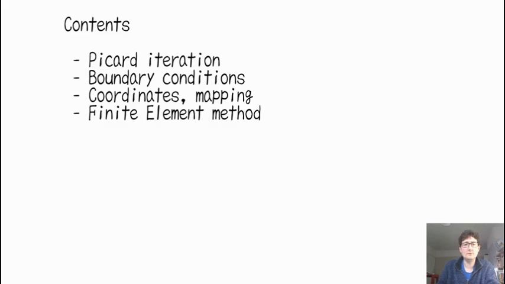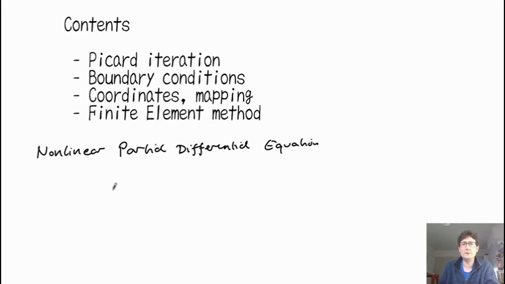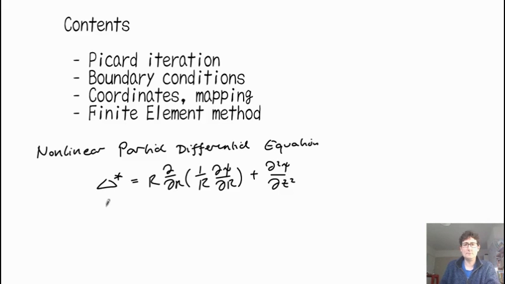Okay, so the first one is the basic Picard iteration, and this is a way of solving a nonlinear problem. The Grad-Shafranov equation has two parts to it. There's the left-hand side, which is the linear part, an elliptic operator, sometimes called delta star, where R is the major radius and Z is the height.